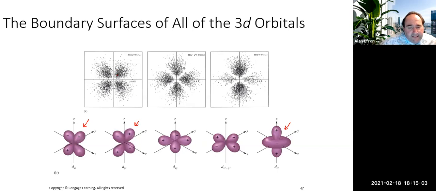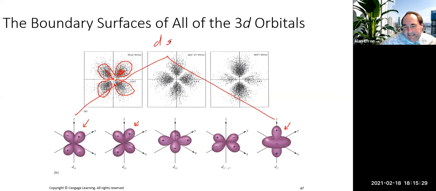And again, you can see a lot of the highest probability is near that node. And that's how we get the shape that we see below, by outlining these probability areas where we'd have high probabilities of finding electrons.